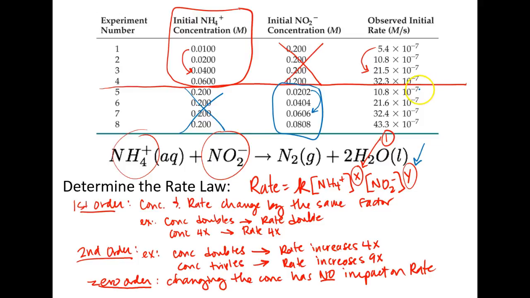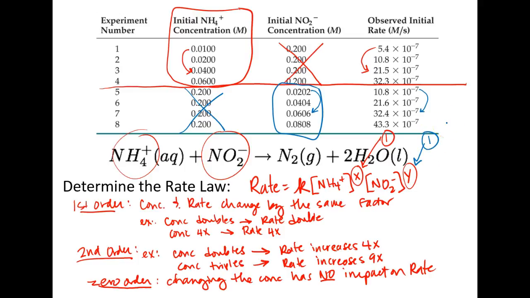And if you compare the rates, the rate is also increasing by a factor of 3. And so if the factor of increase or decrease is the same for both concentration and rate, that is another first order reaction.